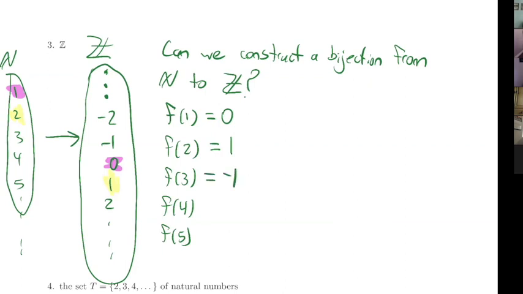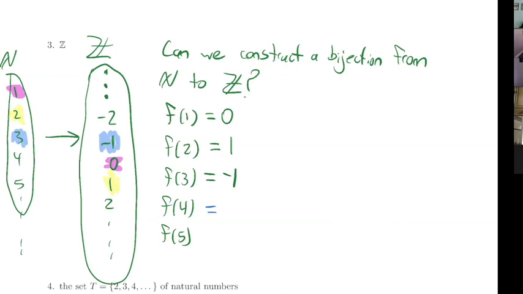So I'm going to put f of 3 to be -1. That goes over to there.